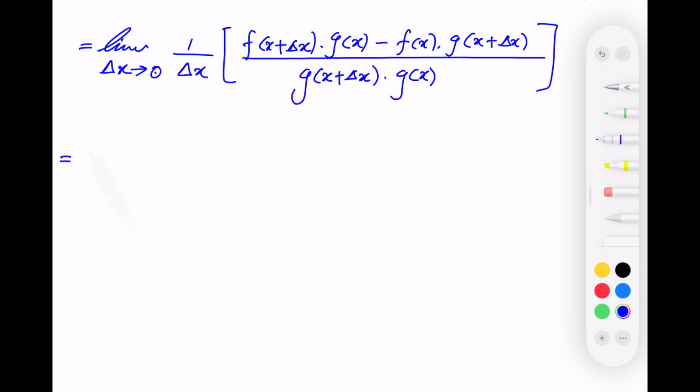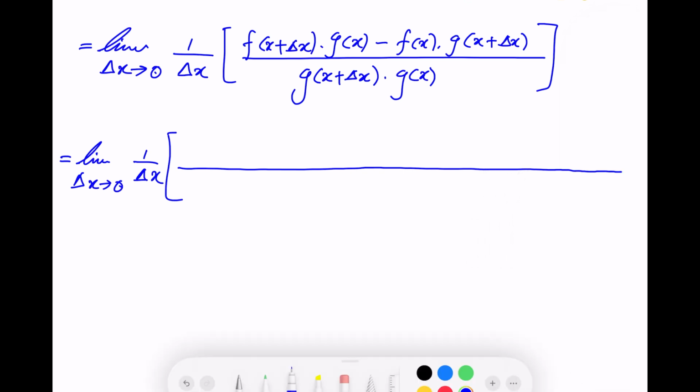This is equal to limit as delta x approaches 0, 1 over delta x, brackets, the denominator stays as it is. The first term of the numerator is f of x plus delta x times g of x. And then I'm going to do a small modification. I'm going to add a quantity and subtract the same quantity.